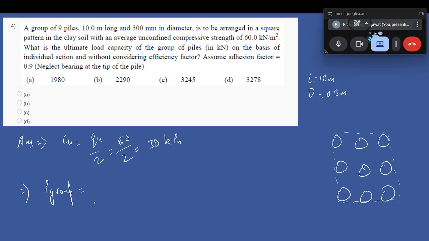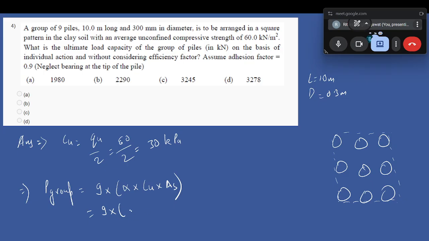So we can directly calculate the shaft friction capacity for each pile, and then multiply it with the total number of piles. The total number of piles is 9, and the capacity of each pile, since it's a cohesive soil, is alpha times Cu times the shaft friction area.